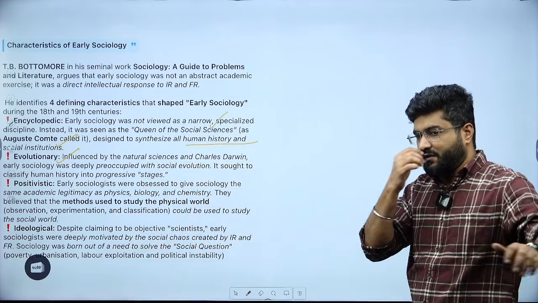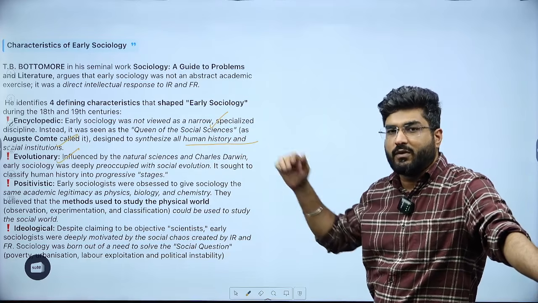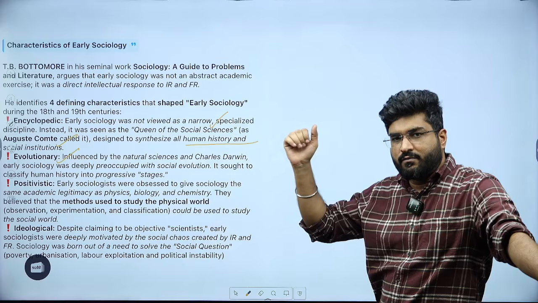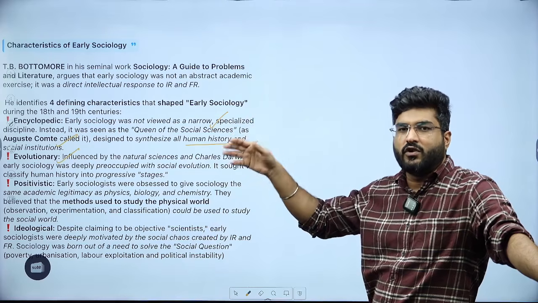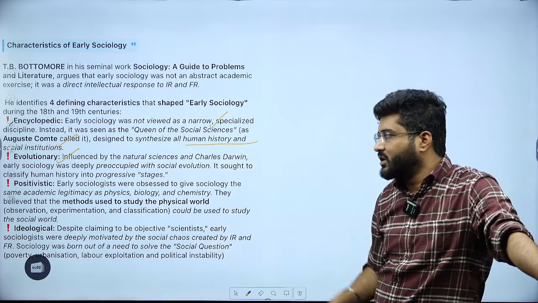Similarly, in later lectures, we will see how Karl Marx highlights that society has evolved through different stages. Earlier there was primitive communism, which changed into slave society, slave to feudal society, feudal to capitalist society, and then he talks about 2 futuristic societies which we will deal with later.